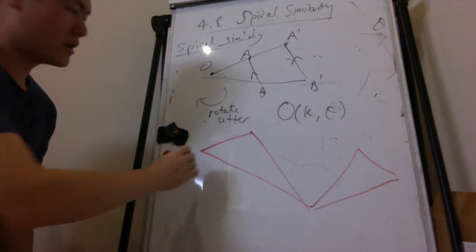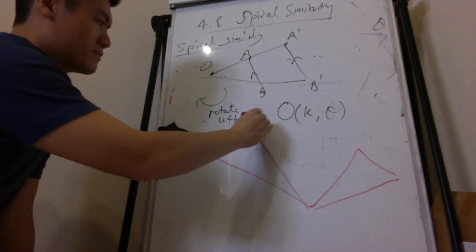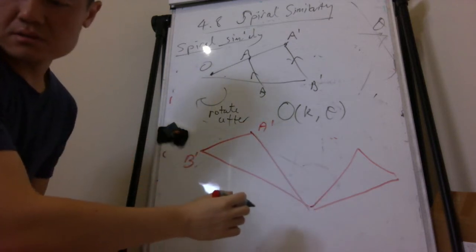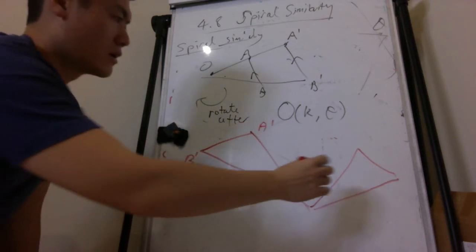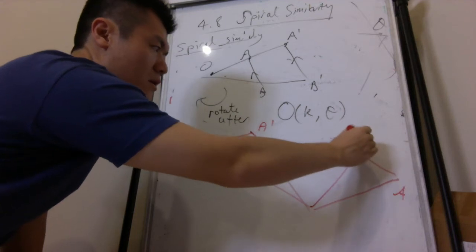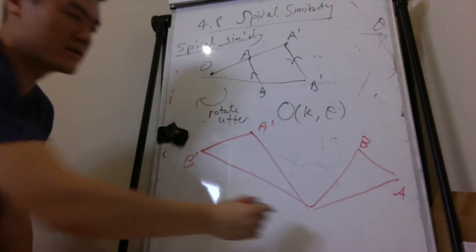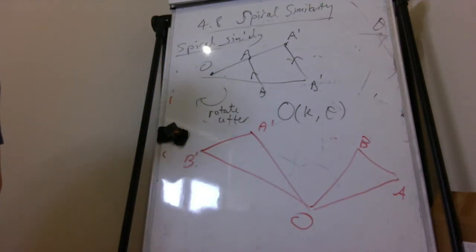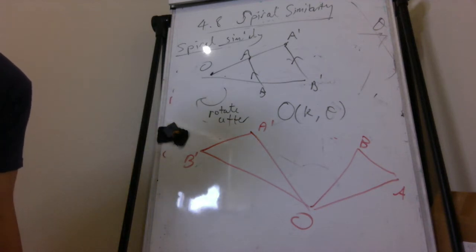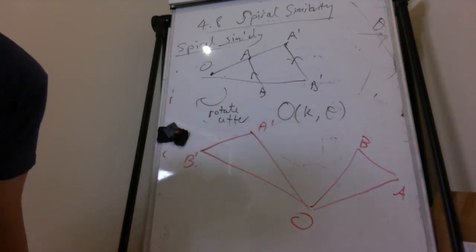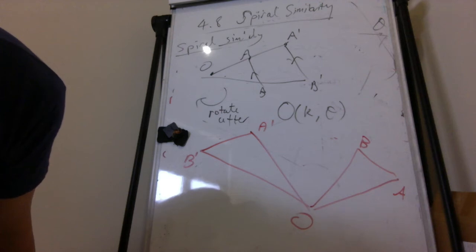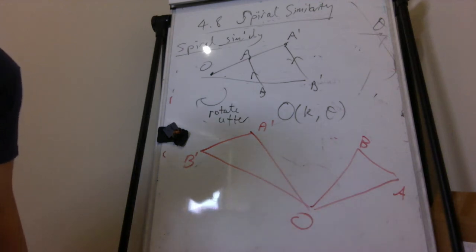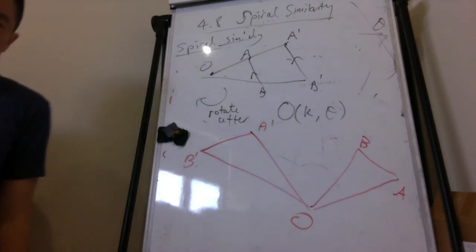So this is A prime, B prime, and that's AB. This is O. That makes sense.